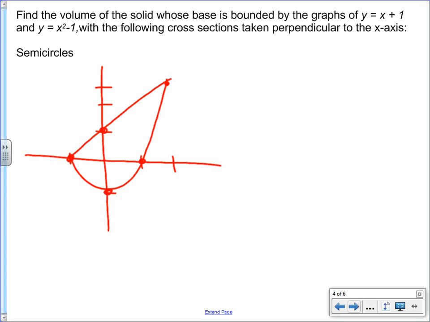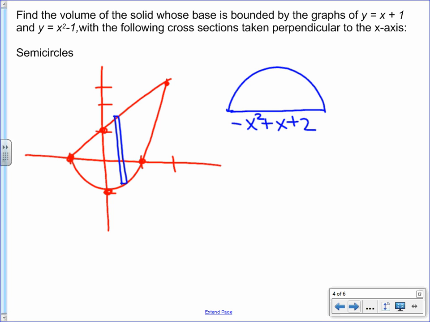Okay. So we still have our cross sections perpendicular to the x-axis. Now, what's lying here and popping out of your page is a semicircle. Now hold on. This represents what of the semicircle? The diameter. Okay, so our diameter is negative x squared plus x plus 2.